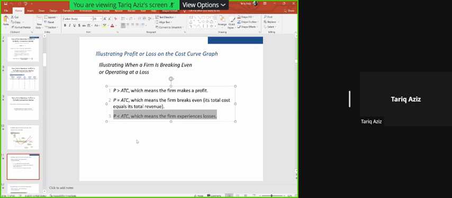So these are the three possible situations for a firm which is operating in a perfectly competitive market. If the firm is making loss, the losses will drive that firm out of the business. If the firm is operating at the break-even point, then it may continue or may not continue.